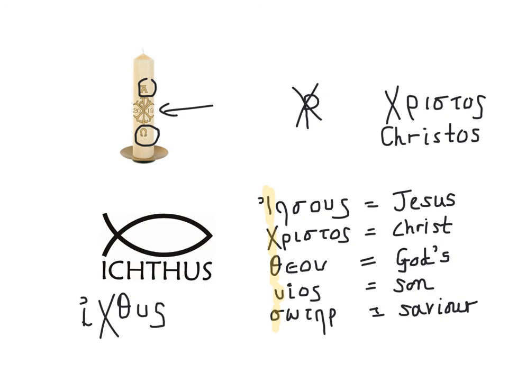These letters spell the Greek word ichthus, which means fish, and that gave the early Christians a secret symbol which they could use to identify themselves.